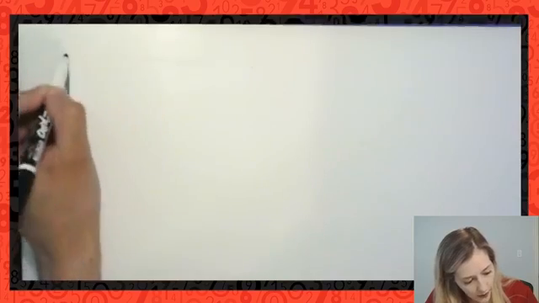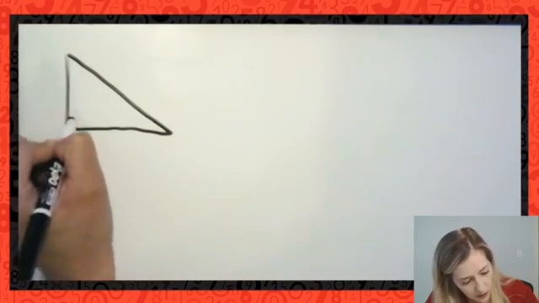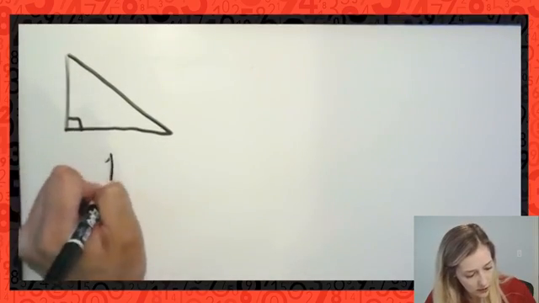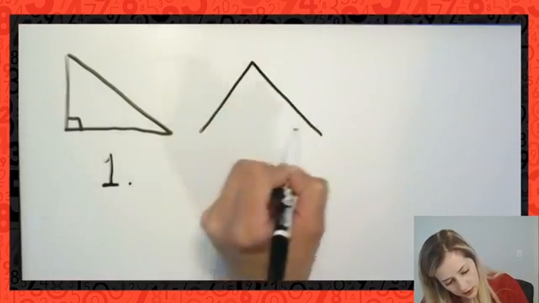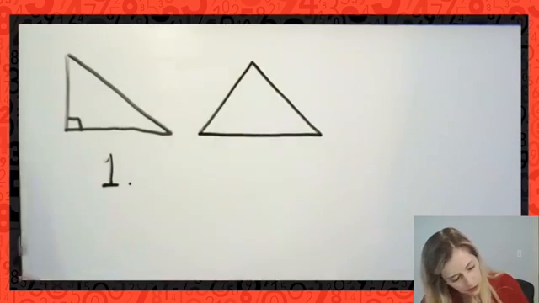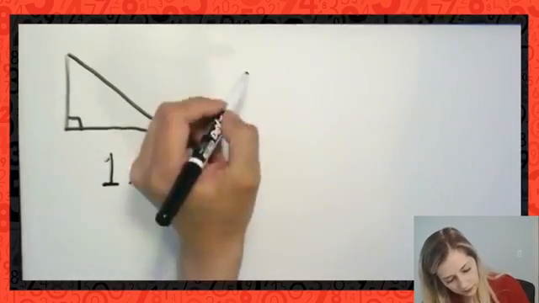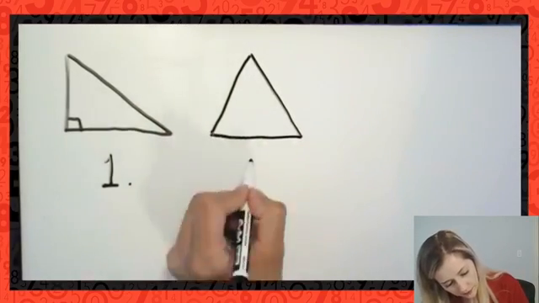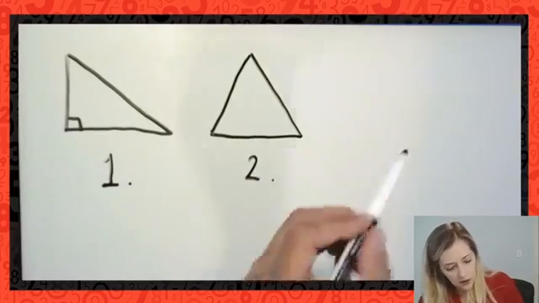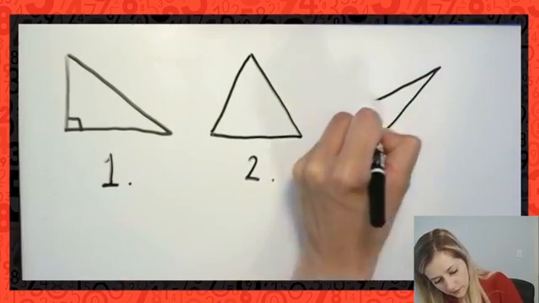So there's triangle 1. Okay, I'm going to call this triangle 1. Then there is triangle 2. Actually, let me make that a bit better. Okay. Triangle 3.